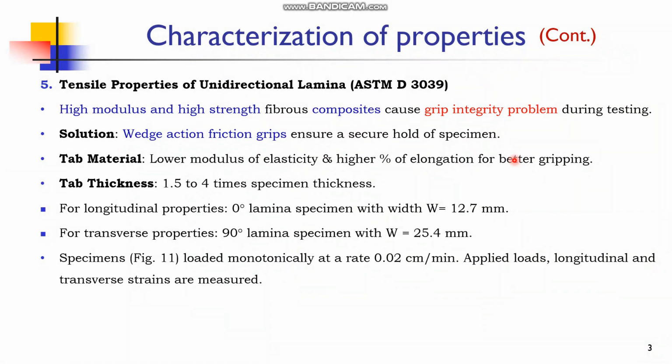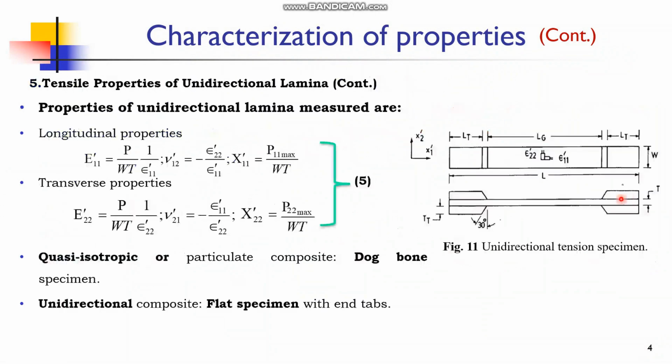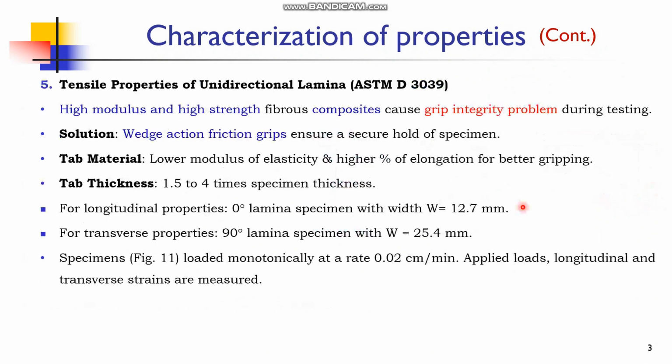You can see from figure 11 that tab materials are adhesively bonded to the test specimen, and the thickness of this tab, that is TT, can be 1.5 to 4 times the thickness of the specimen, which is T. There are two properties which can be found using ASTM D3039.